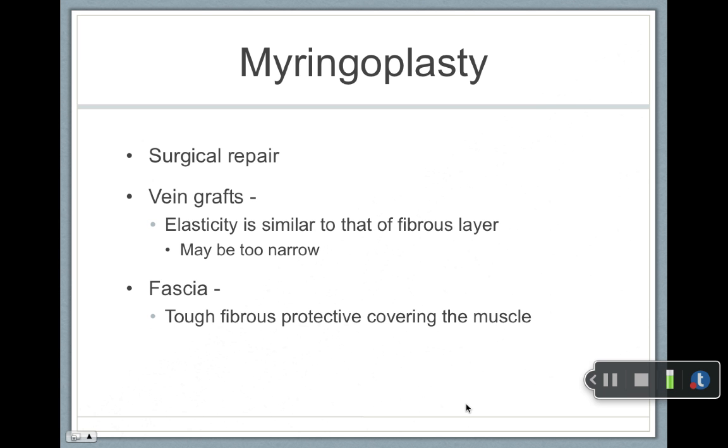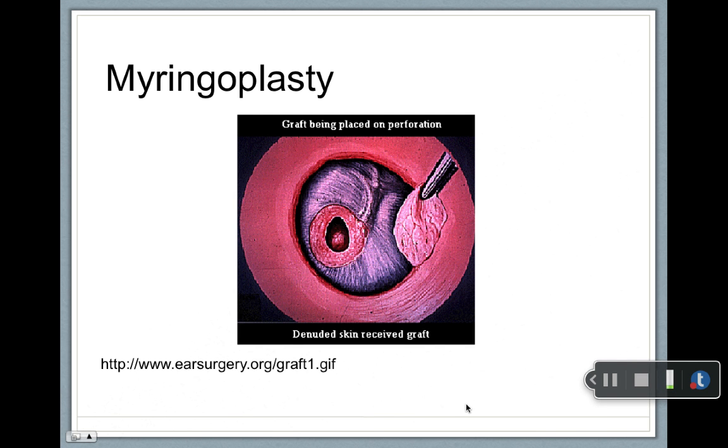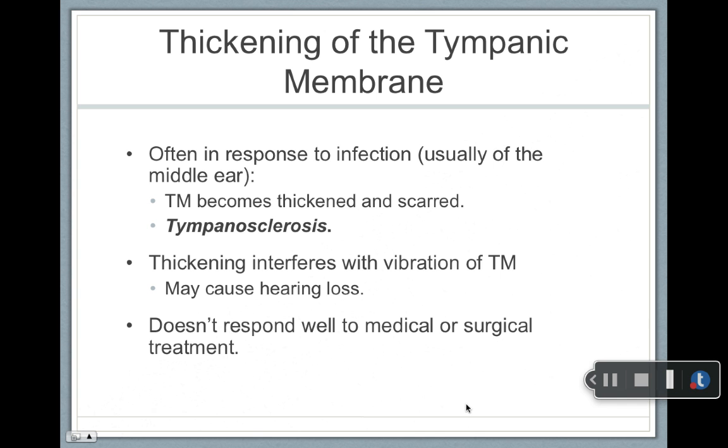It's not as loose as a typical top layer of skin. So you could do a skin graft over the hole, placing the skin over it just to help support the healing. Like I said, if it were a much smaller perforation, it would heal spontaneously. But for a large perforation, a doctor might do a Myringoplasty.